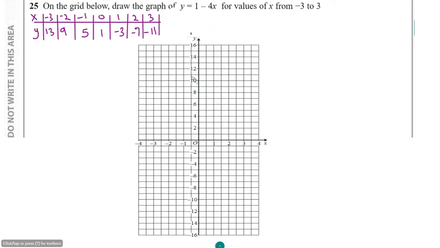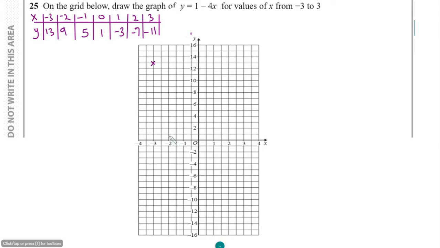So I'm going to plot the points onto my graph. When x is -3, y is 13. So 13 is going to be up here, somewhere here.